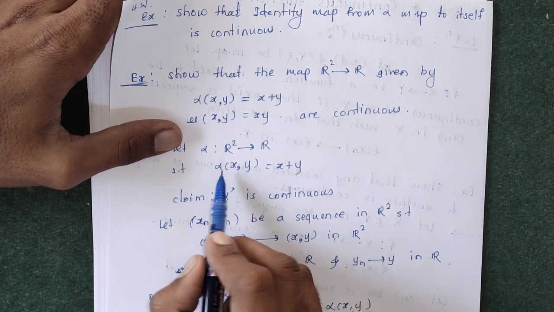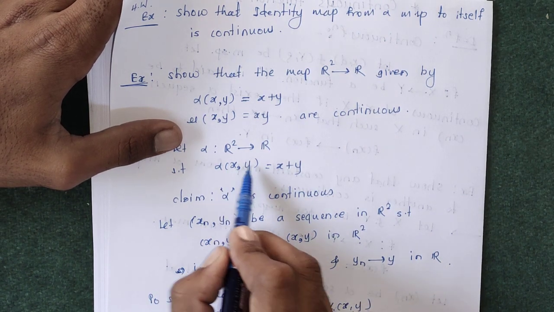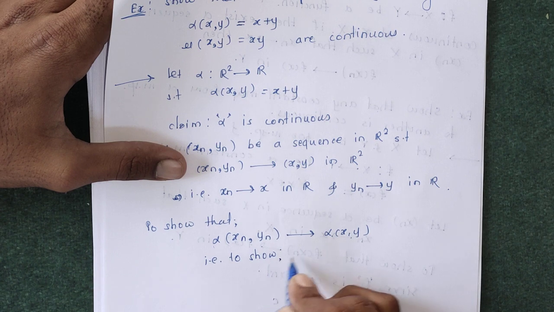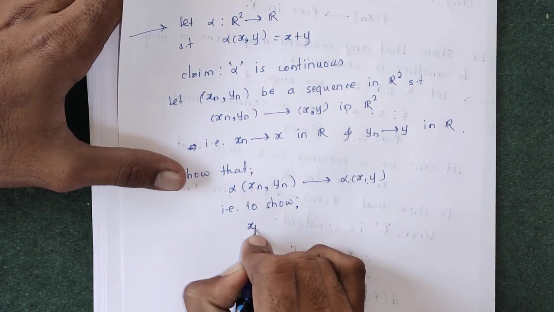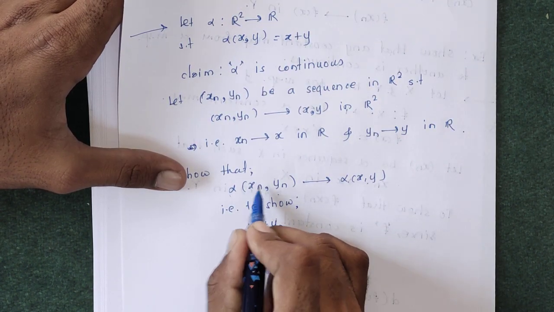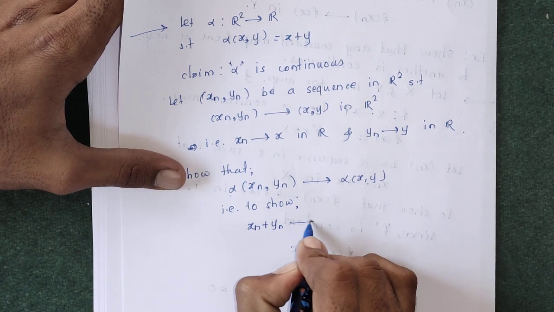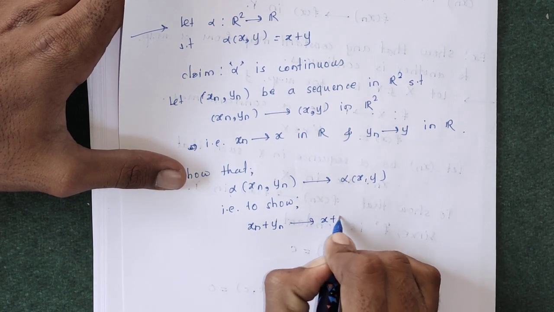The function alpha is defined as alpha of (x, y) equals x plus y. That is, we have to show that xn plus yn, defined as the addition of these two, converges to x plus y.